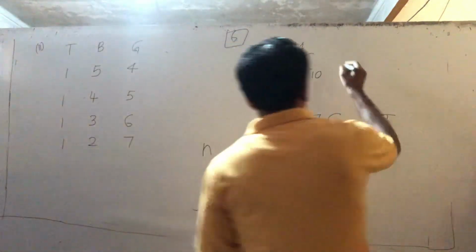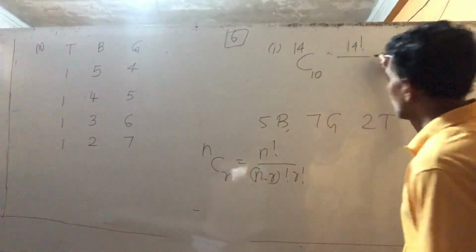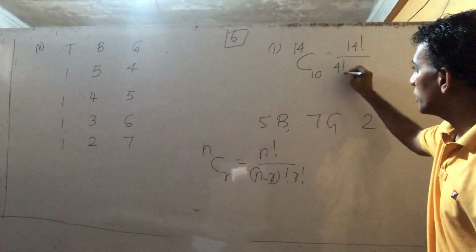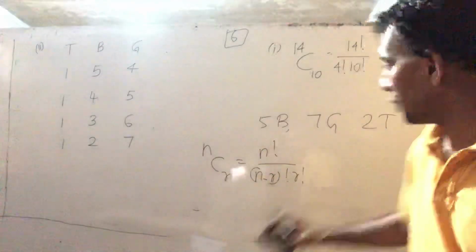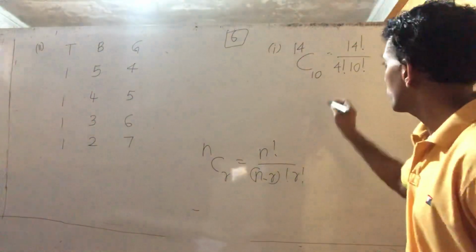So what is that? 14 factorial over (14 minus 10), that is 4 factorial, into 10 factorial. Now simplify this and get the value.